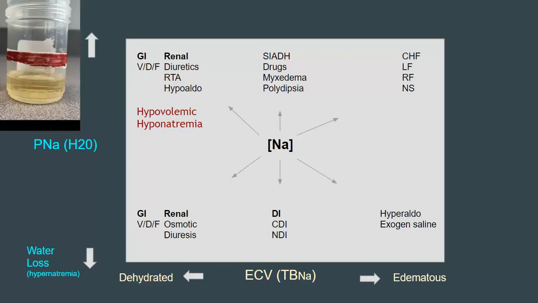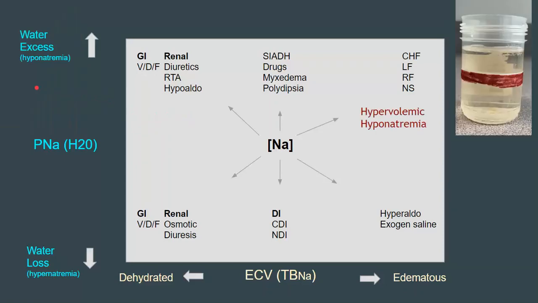So right now, I've only got a little bit of betadine in that water. The concentration of water is much higher relative to the little bit of betadine. So you can see that the fluid is dilute. And that's what hyponatremia is. It's dilute. That means there's a relative excess of free water along with a deficiency of volume.